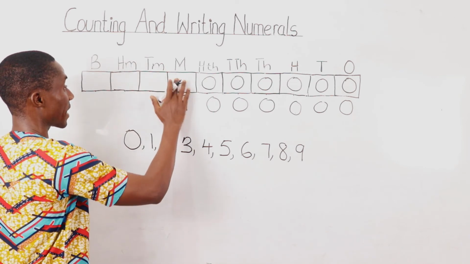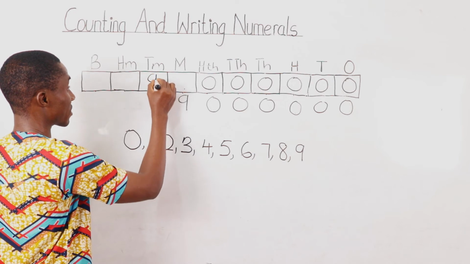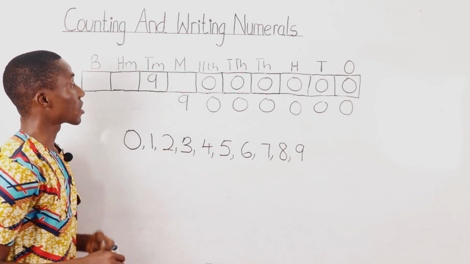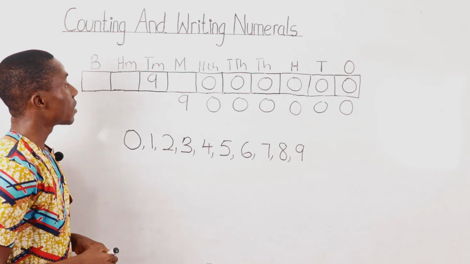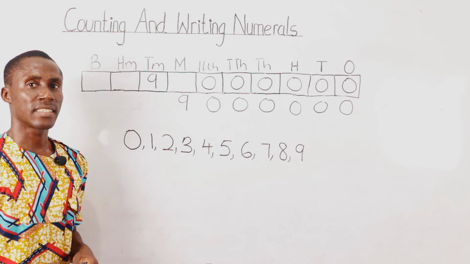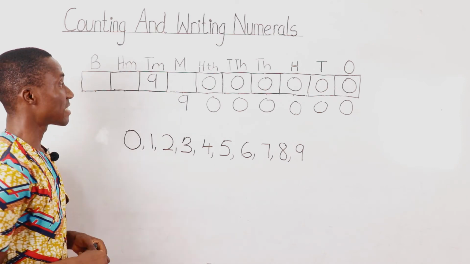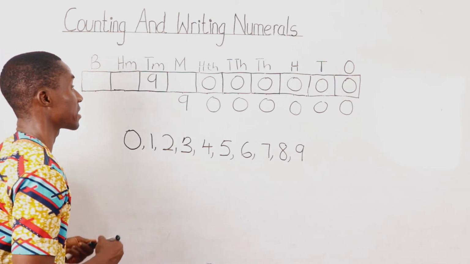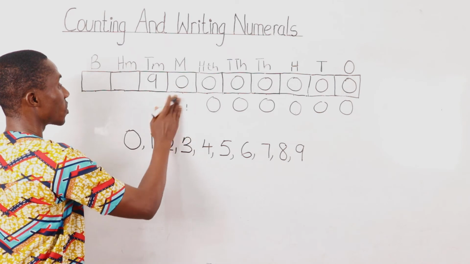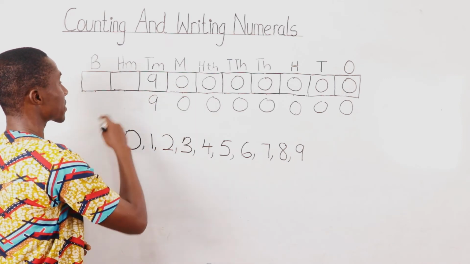If the 9 were in the 10 millions place, then it means we are going to have 90 millions. And therefore, the millions place will go to 0, and we're going to have 90 millions.